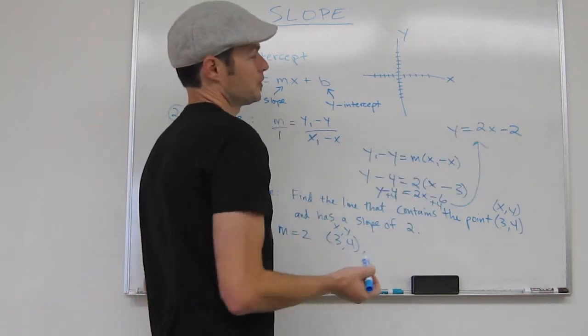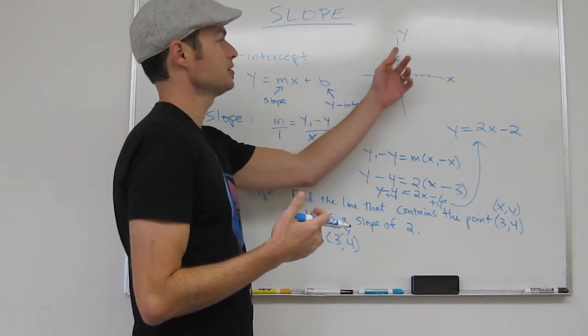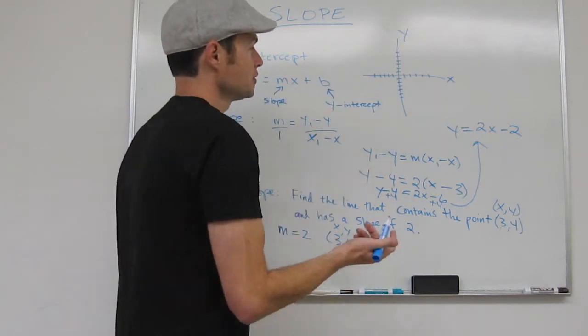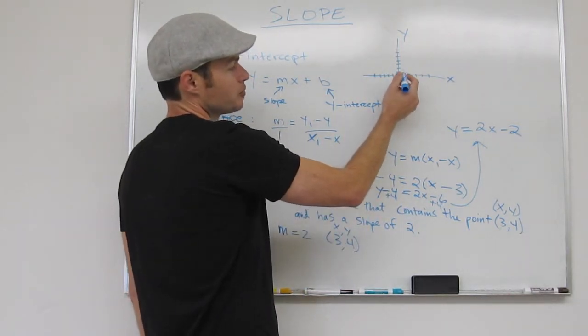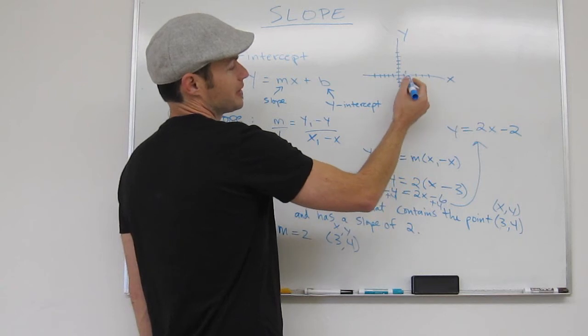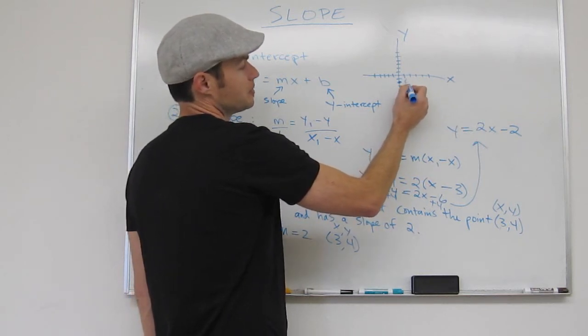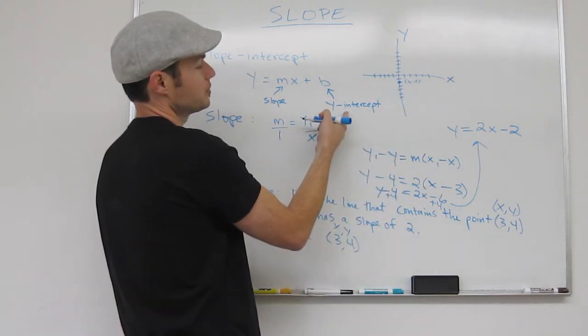It's -2. -2 means where the line crosses the y-axis. So we start at the origin, which is 0, 0, and we move towards that number. This is -2, so it'd be right there. So this point would be 0, -2, and that's going to be our intercept.